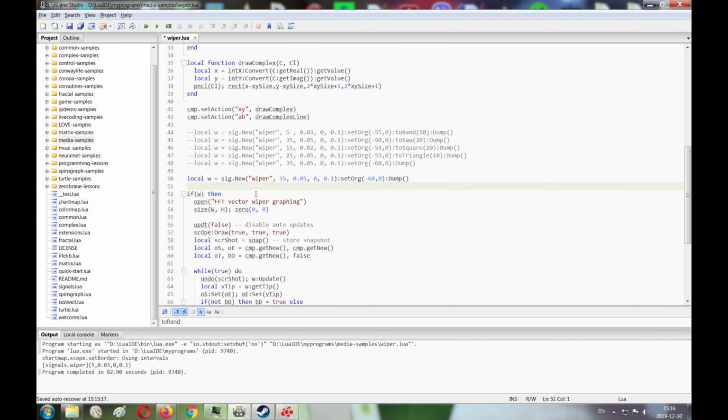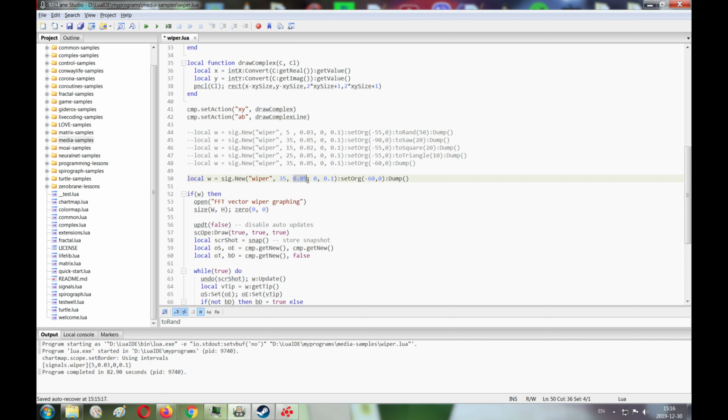The circular frequency is related to the signal frequency by 2 pi times f, where f is the sine wave frequency.